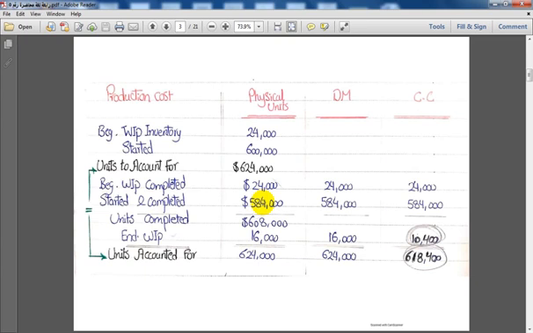Work in process inventory, July 1st, 70% complete as to labor, and overhead treated at the same rate. Units 100,000, direct material cost and direct labor cost. Units started in production 1,500,000.